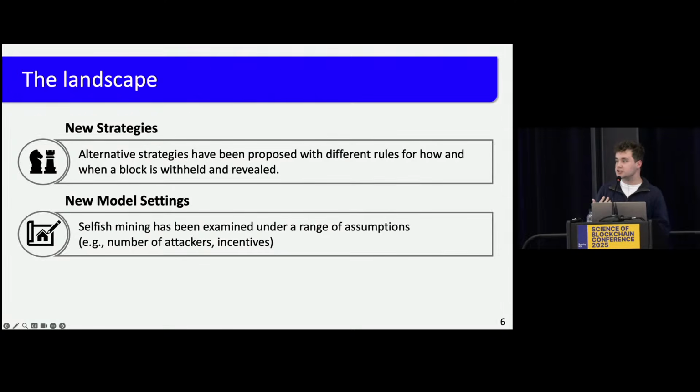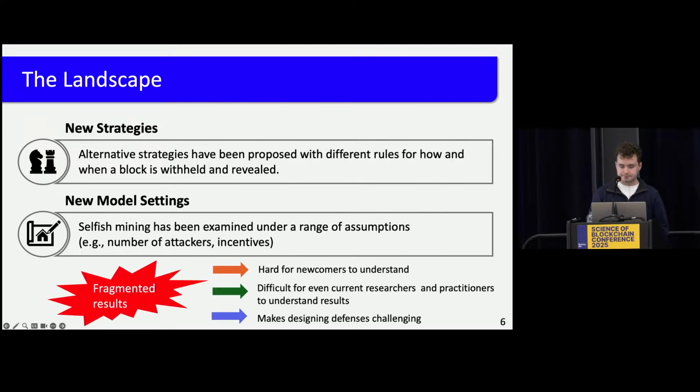So naturally, this led to a lot of follow-up works, exploring how different selfish mining strategies might further impact security, as well as how different model assumptions might change the performance of such attacks. We find, however, that in this landscape, it's quite challenging to understand many of these works and their effects on blockchain security. This is partially because many of the works focus on particular paradigms, fracturing results to be largely model-specific.